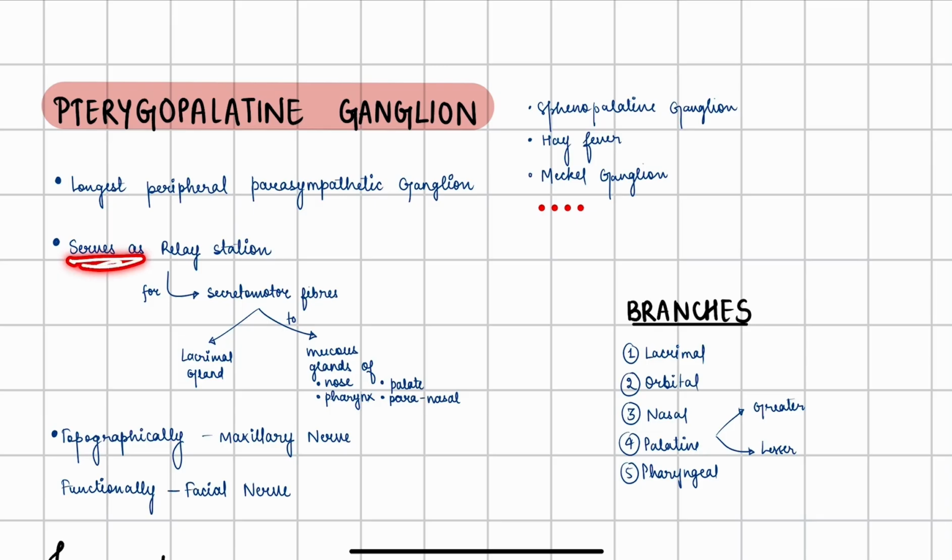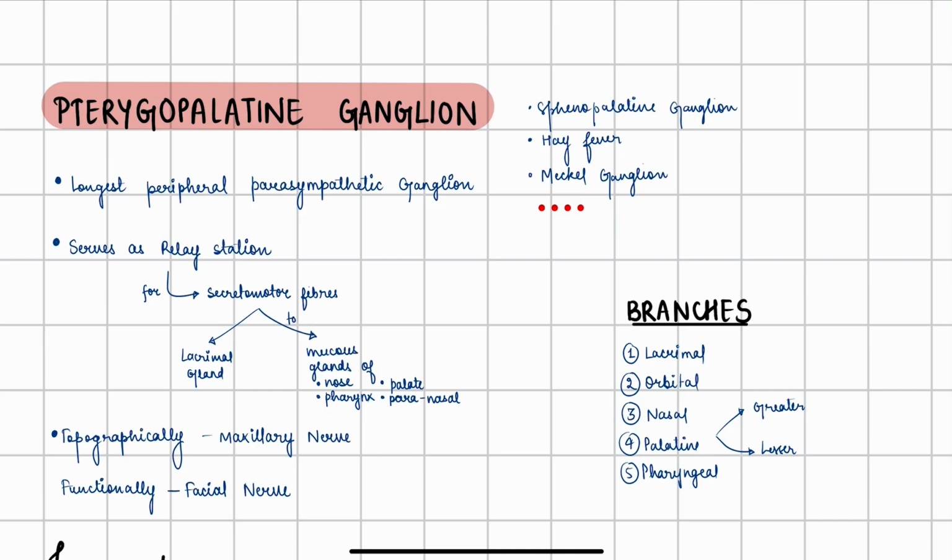It also serves as a relay station for the secretomotor fibers, as we had seen in the submandibular ganglion. You all have to comment in the comments box: the submandibular ganglion acts as a relay station for the secretomotor fibers to which glands? If you have not seen my video of the submandibular ganglion, please do watch it and answer this question.